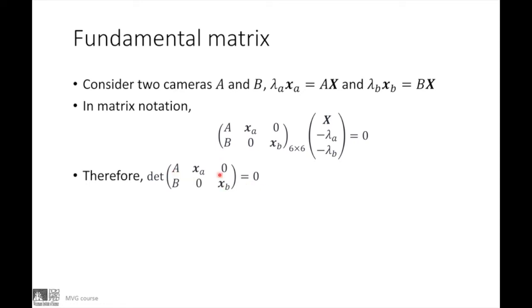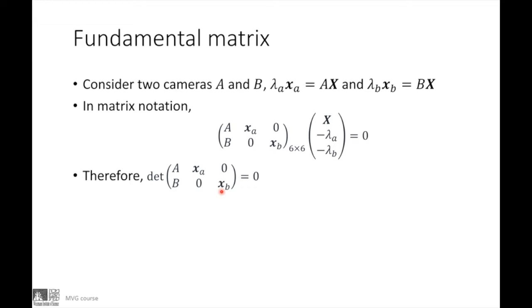Now, if we open the determinant, how do you build a determinant? It's a sum of terms. Each term is a product of 6 values. Each of them comes from a different row and different column. If you know this problem called the 8 queens in chess, you need to place 8 queens in different locations such that each of them has a unique row and unique column.